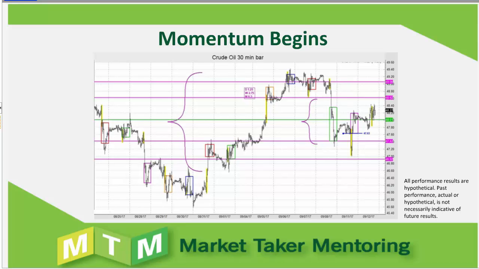And you can see down here, that was absolutely it. I mean, crude oil went from basically $46 to $49 in a matter of a few days and equated to an average week's range. I use these brackets to make projections for both days and weeks and even months and quarters.